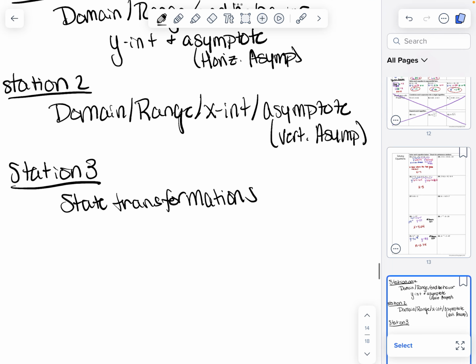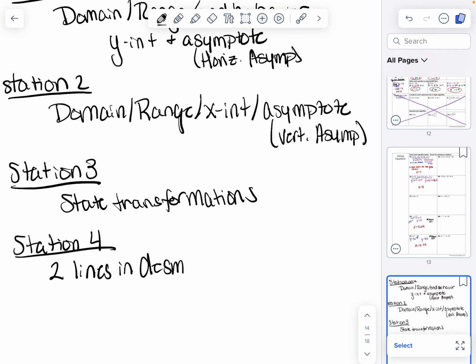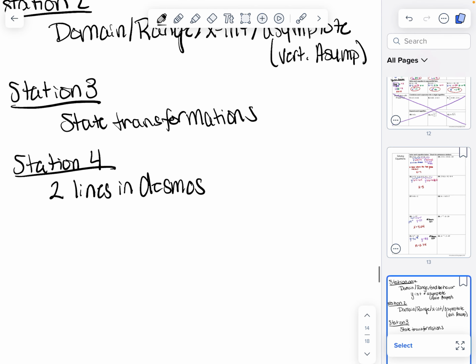Station 4, you're solving exponential equations. You're going to do that the same way in Desmos that we just did. Station 5, you are converting between logarithms and exponential forms.